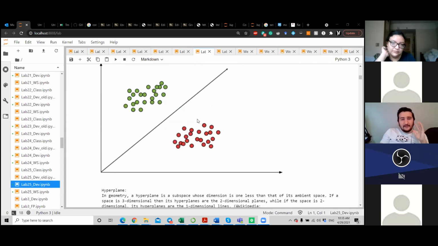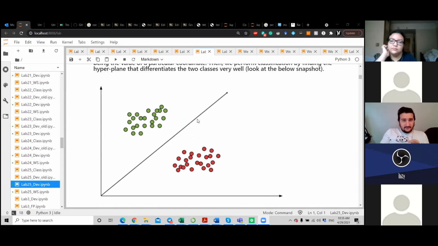Now, the general idea of support vector machines is to come up with the hyperplane that differentiates the classes the best. Question: what is a hyperplane? Have you worked with it before in your other classes?